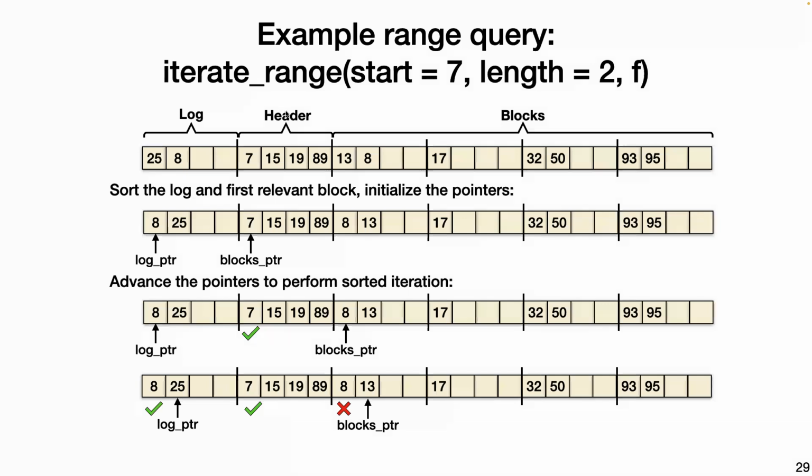I see. So you're saying we had to iterate this entire thing. Copying is order n, and then the sort is log n. You need to copy the blocks also. If you're doing full sorted iteration, both the log and the blocks need to be sorted.